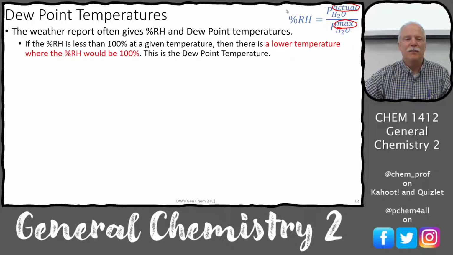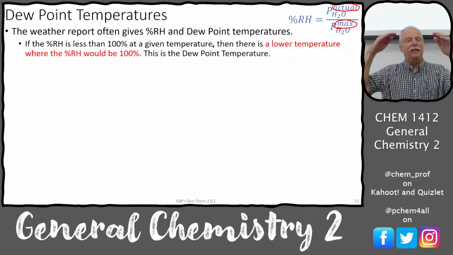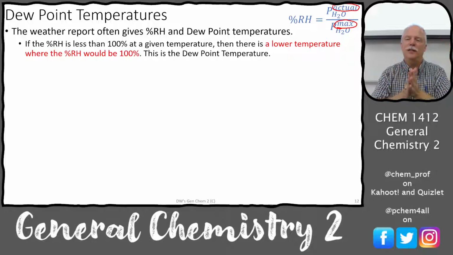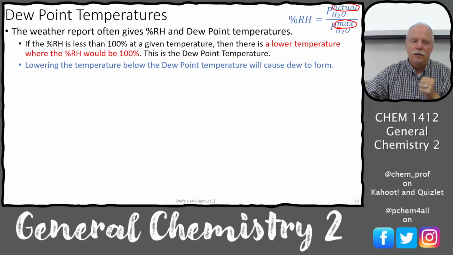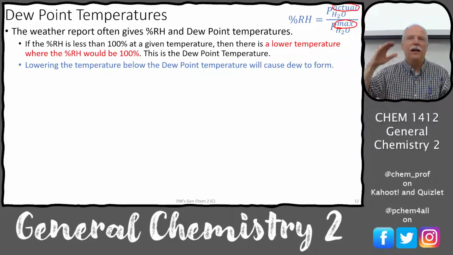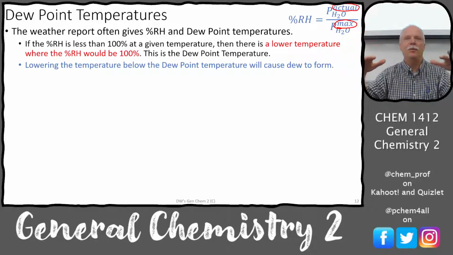So if the percent humidity is less than 100% at a given temperature, then there is a lower temperature where that percent relative humidity would be 100%, and that is the dew point temperature. So if you get the temperature below that dew point, then you will cause spontaneous droplets, dew, to form. So if we're sitting here at like an 87 degree day and 50% relative humidity, if we get it below like 65 degrees, then we'd be at 100% humidity.